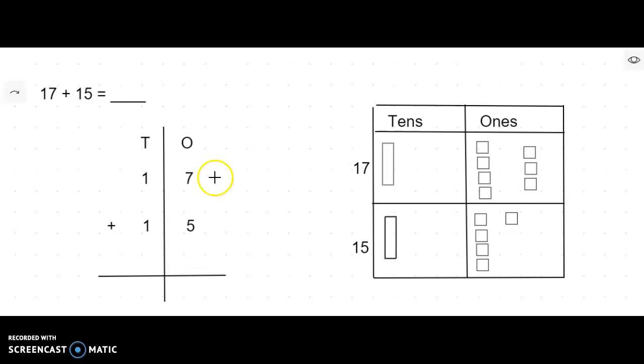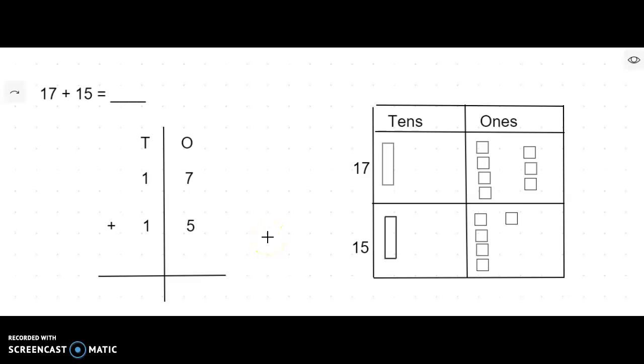Like I said, I've set up 17 plus 15, so they're vertical, and I've divided them so I don't confuse my tens and ones. I have 1 ten and 7 ones for 17 in the place value chart, and 1 ten and 5 ones for 15. What we always want to do first is add up our ones.